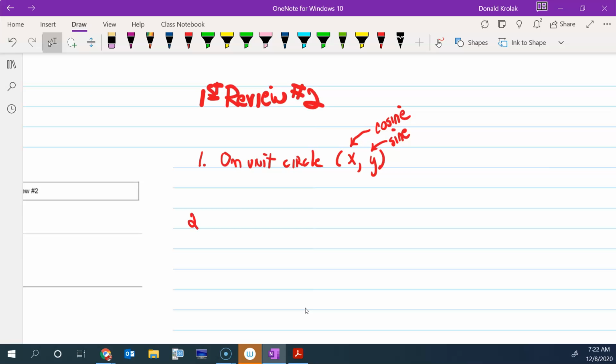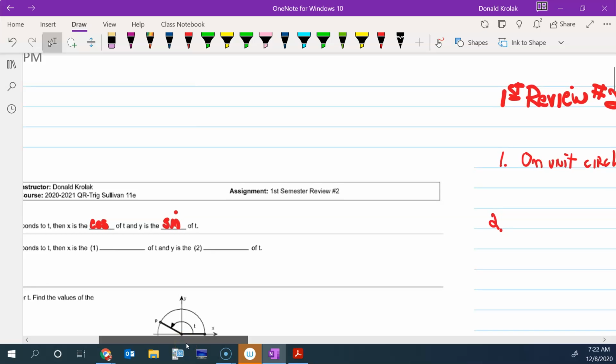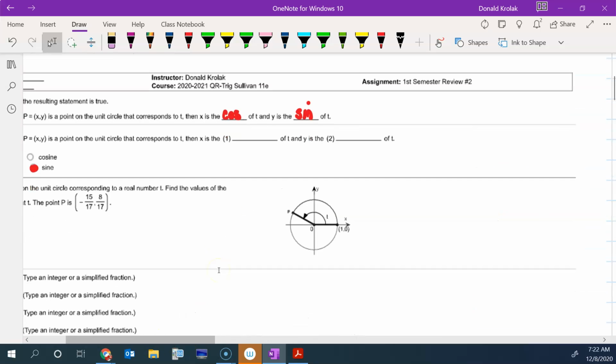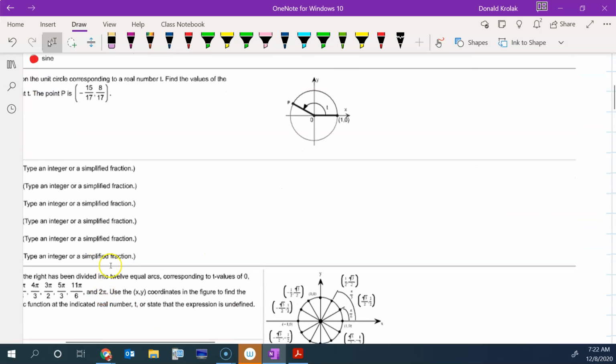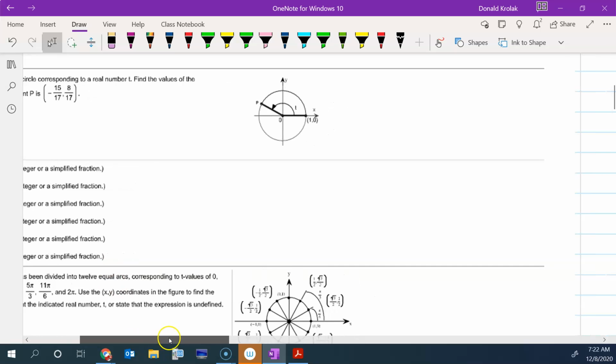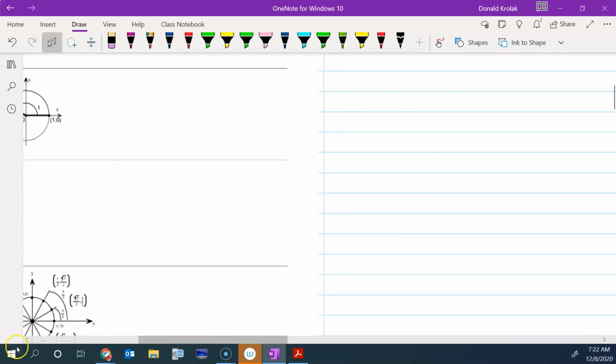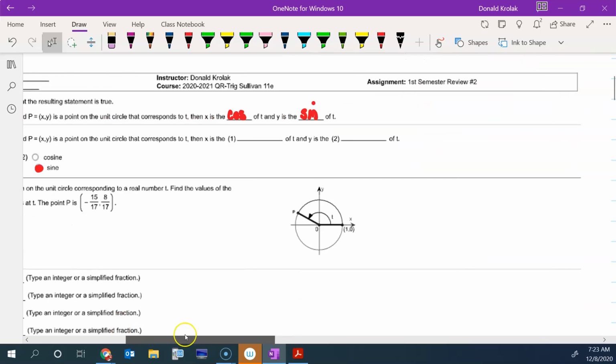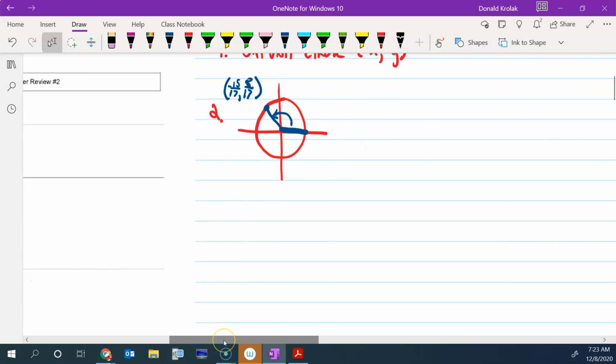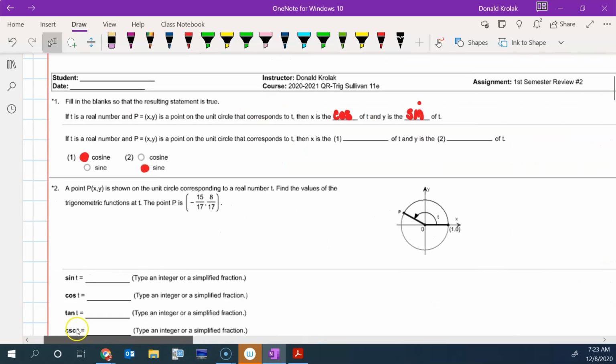Okay, so then for part 2, we're going to make that sketch and figure out what the 6 different ratios are. So now it's going to ask you what are the different sines, cosines, and tangents. So sine, or let's see, what's it start with, sine or cosine? Sine. Okay.